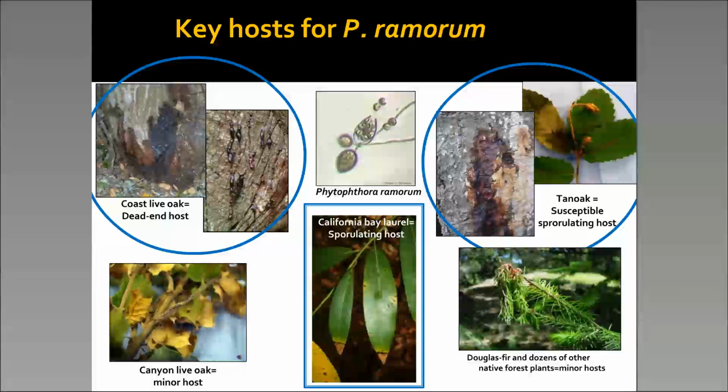And there's a wide number of native hosts in California that can support this pathogen. It's also important to note that this pathogen is not just on the west coast of the United States. Right now, it's in England as well, where it's causing mass diebacks of Japanese larch in plantations. So this pathogen has a very wide host range and is something to watch in the future.